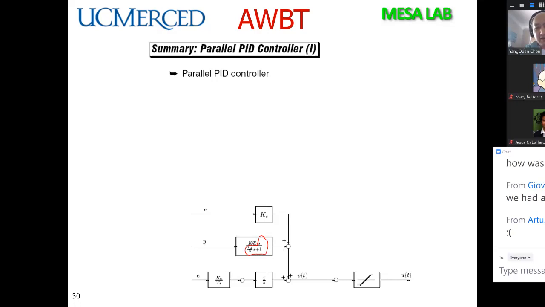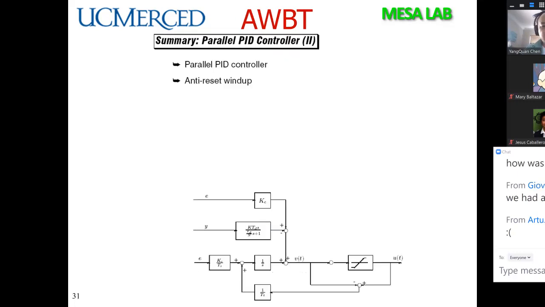You can see I have a KC, the same KC, but you have a time constant in here. This is just the PID, but it does not have an anti-windup mechanism, so we need an anti-windup mechanism here.